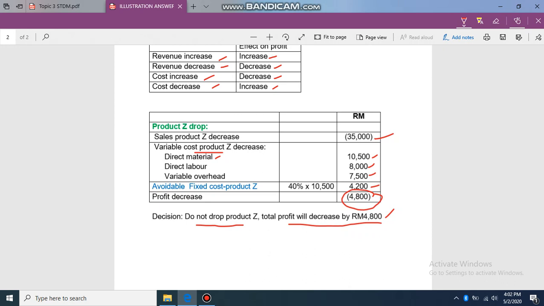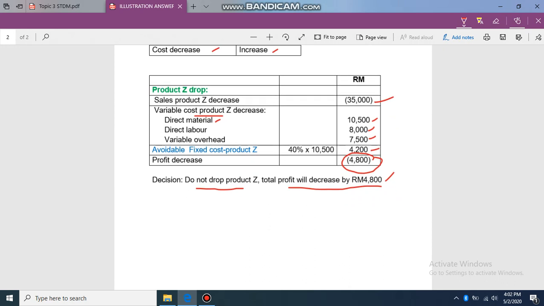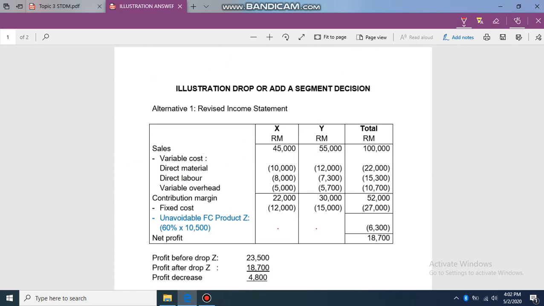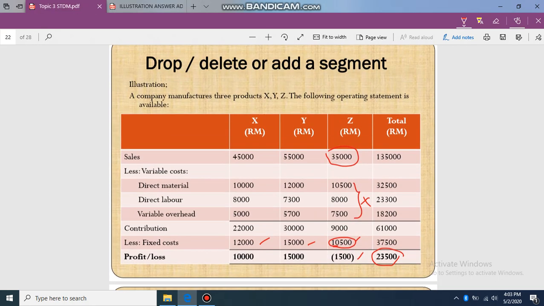So the same decision. If this affects other segments, let's say you do not produce Z, you drop Z, then X and Y will be affected. X increases by 10%, Y increases by 10% in sales.